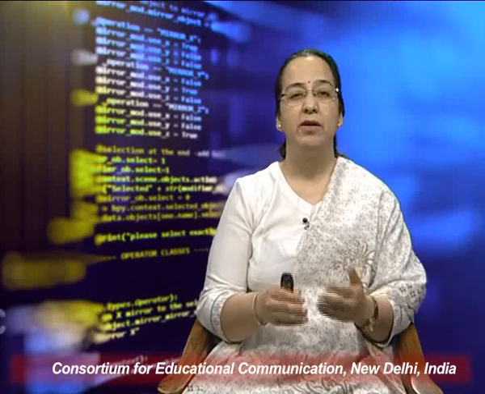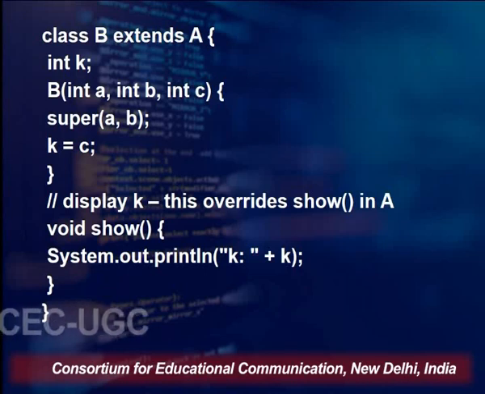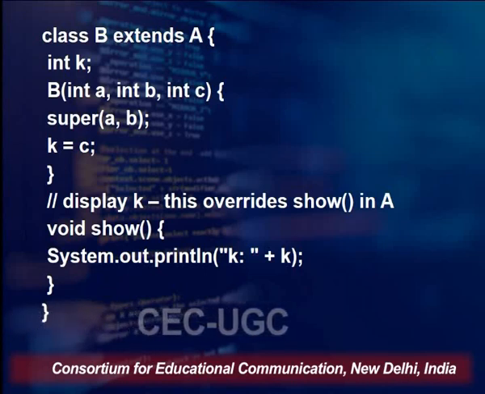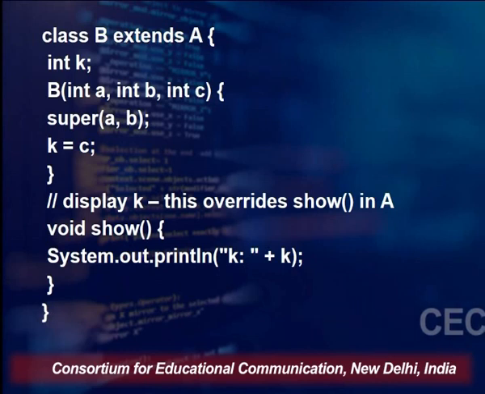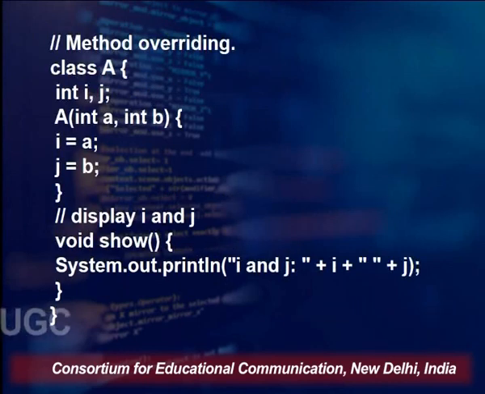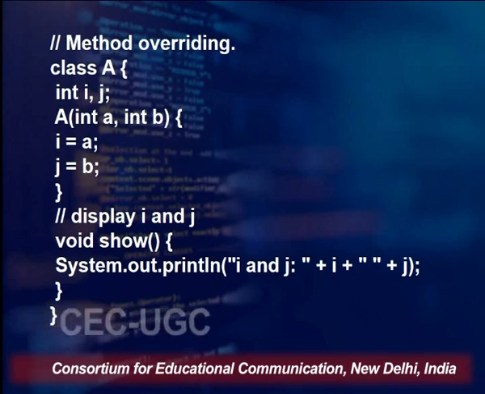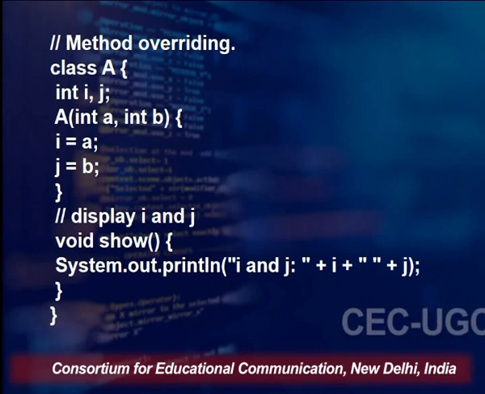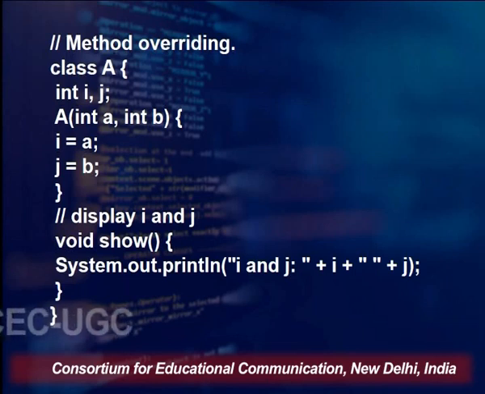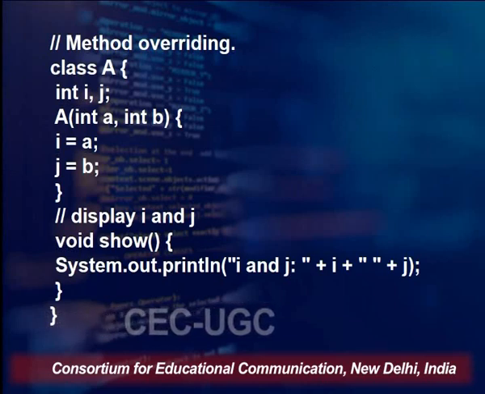Here we have void show, and within this void show it just prints k, and in class A's show, it prints i and j. So now both versions are different in terms of content, but they are the same in terms of signature.